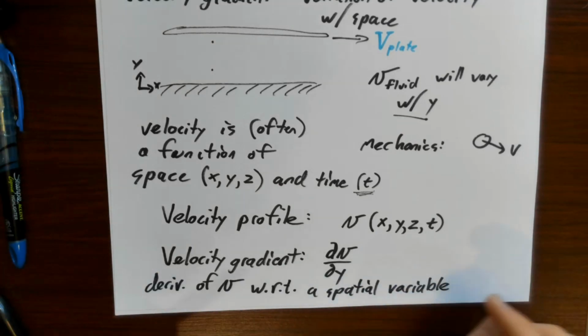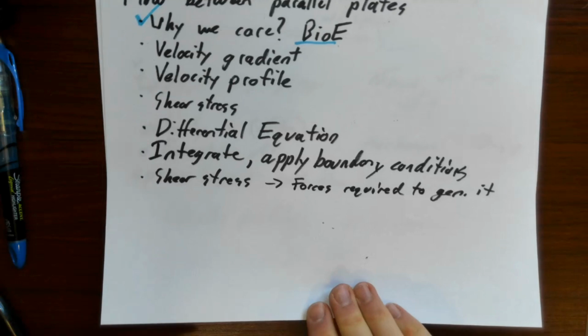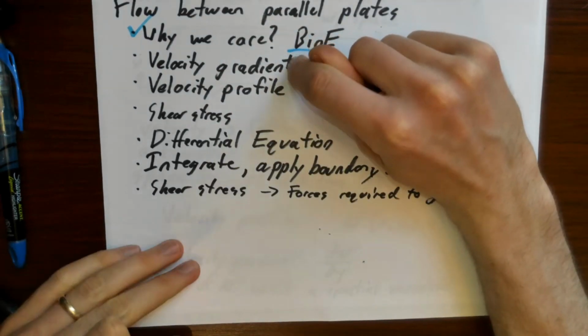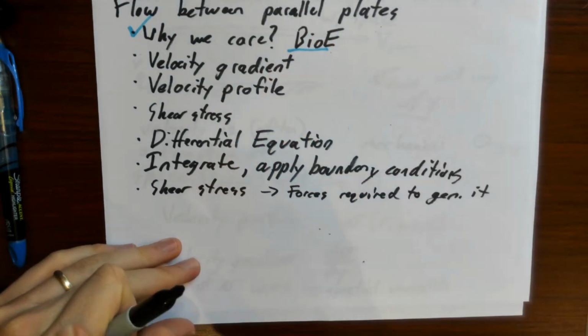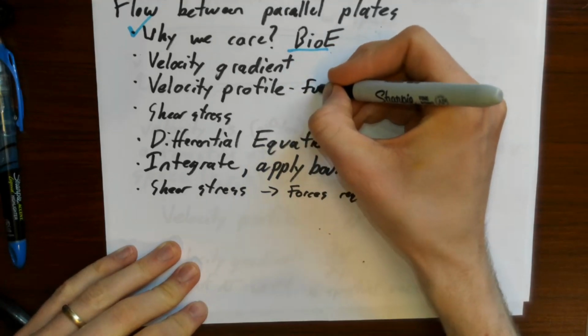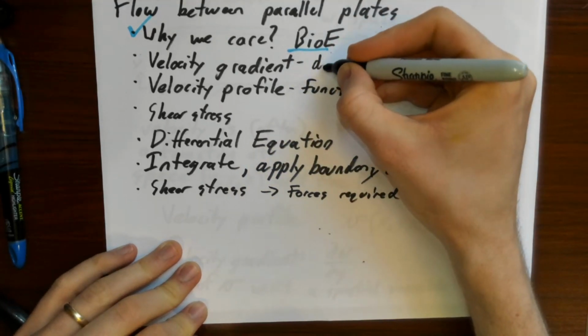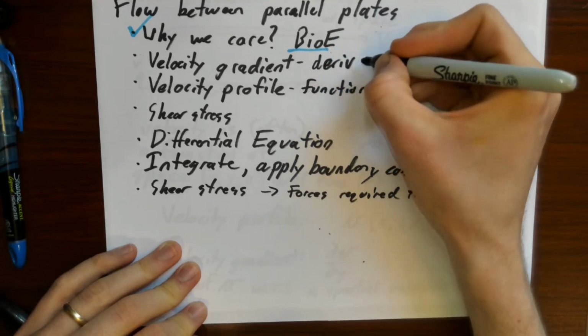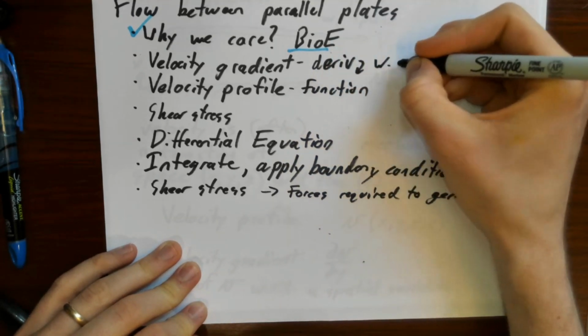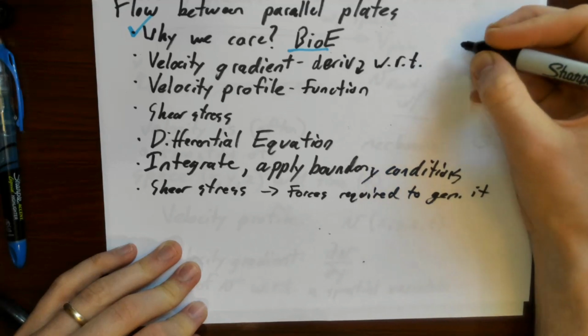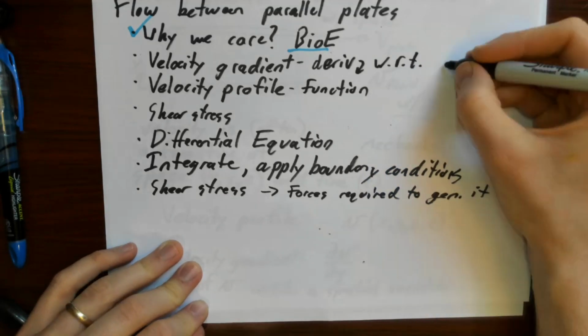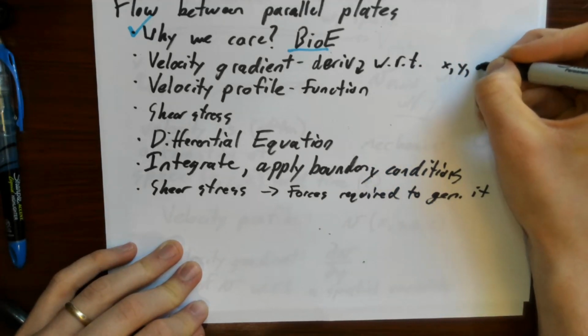So that's basically the difference between a velocity gradient and a velocity profile. The velocity profile is the function, and a velocity gradient is a derivative of that function with respect to x, y, or z.